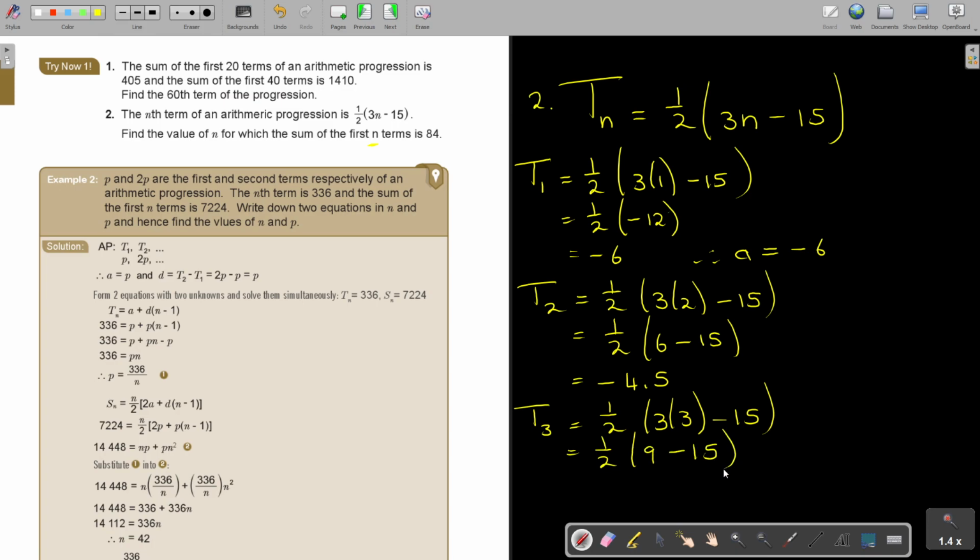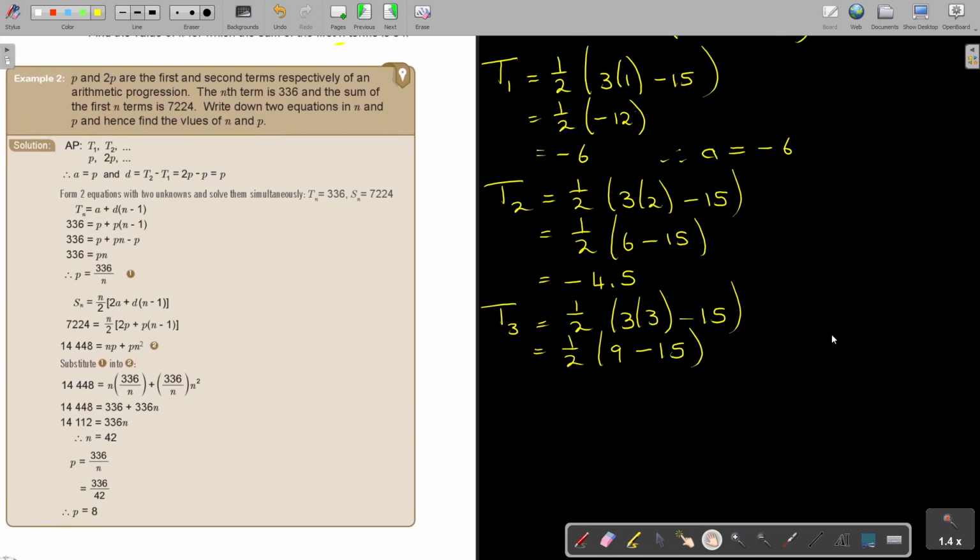And if I simplify that, actually it's not necessary to work out the third one, because with the first two, and I know it's an AP, I can find everything. But for now, I'm just going to continue with this one. So it's going to be negative 3.